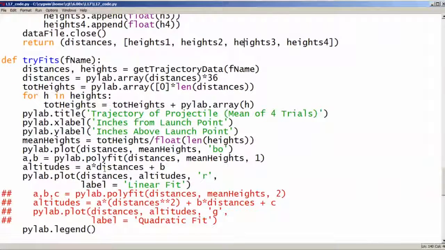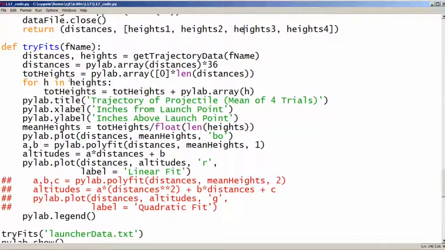To actually do the curve fitting, here we have tri-fits, which is very much like the routines we've written before. We're converting the distances which were in yards into feet, and then we're going to process the 4 measurements from each of the experiments into one average measurement for the height at that distance.